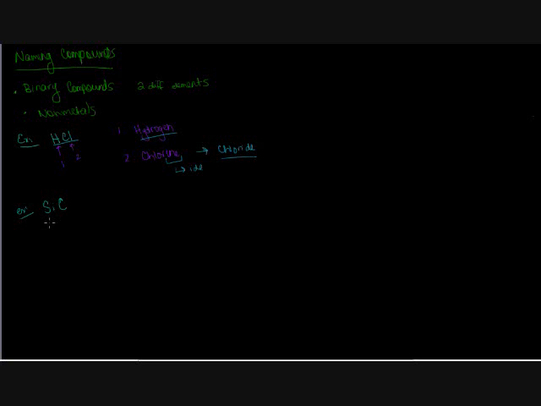So our first element here, if you look at the periodic table, is silicon. And our second element right here is carbon. I'm going to write it up here so we can see what we have to do with the endings. We have carbon, and it's going to change to an ide, so this can become carbide. So silicon carbide is the name for this.